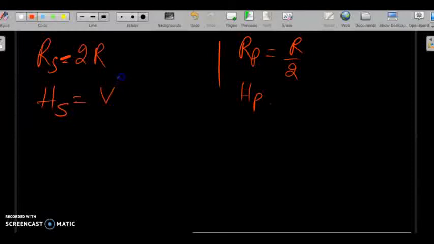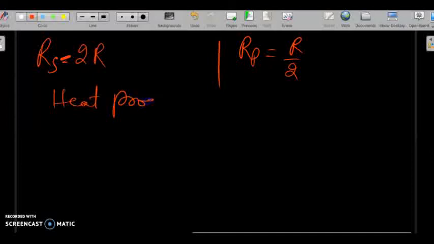So V square by R into T, because this is power. We know that heat produced H is nothing but the work done, the energy consumed, converted into heat, power into time.